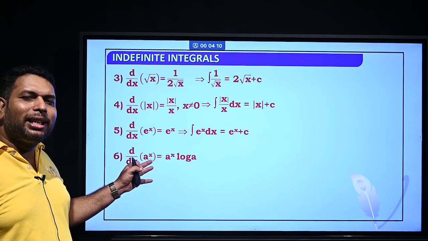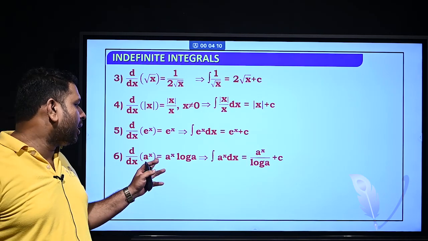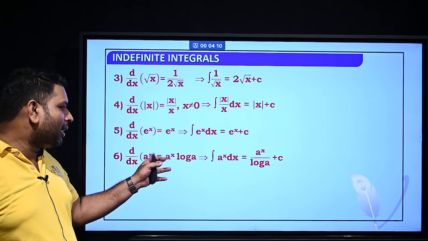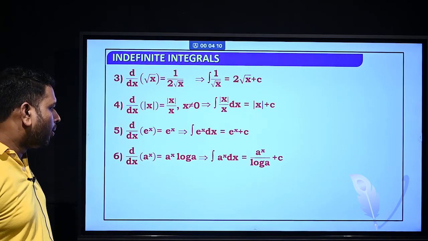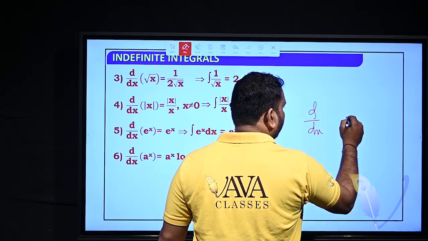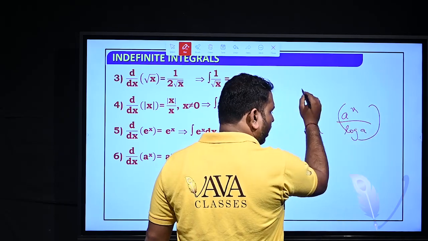The derivative of a^x is a^x log a. So what is the integral of a^x dx? Consider the derivative of a^x by log a.